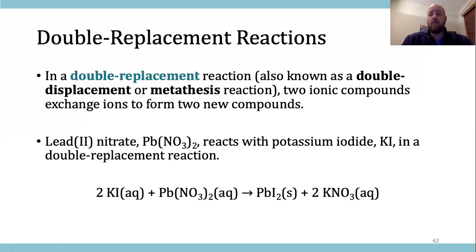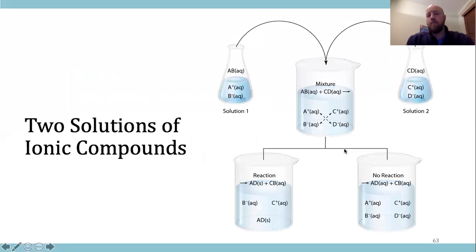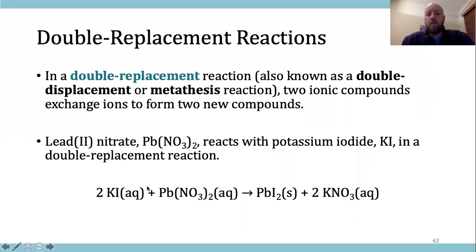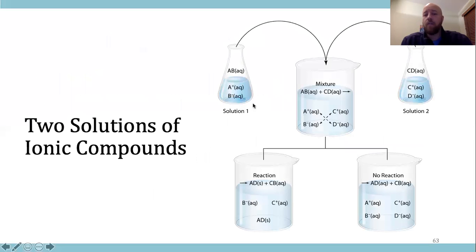Now, the key for making this is, when you have these ions, that they're both soluble to start with. So potassium iodide is soluble and lead nitrate is soluble. The question is, what happens after they mix? Because these are just ions floating around in solution, right? So what you have is ions floating around in one solution and ions floating around in another solution.